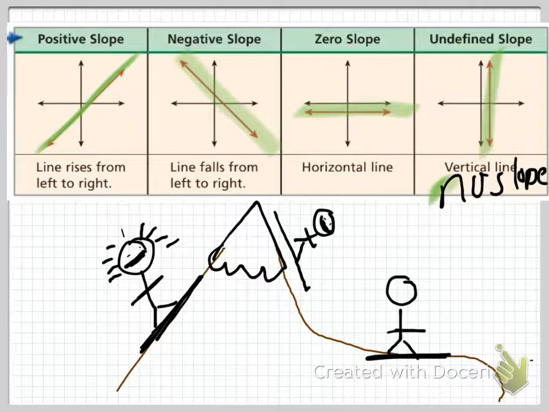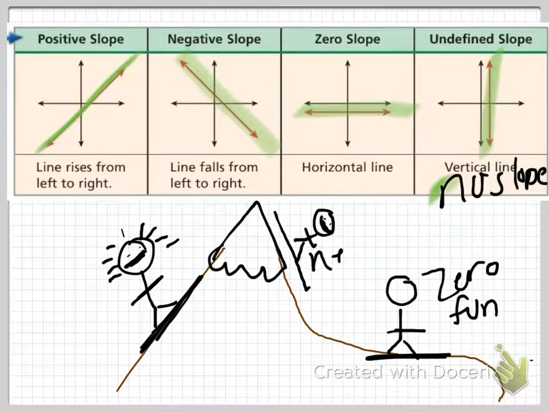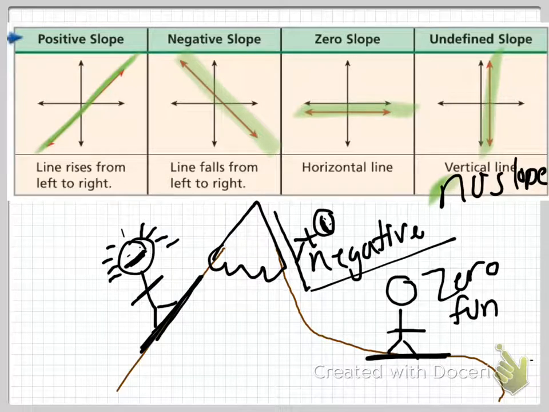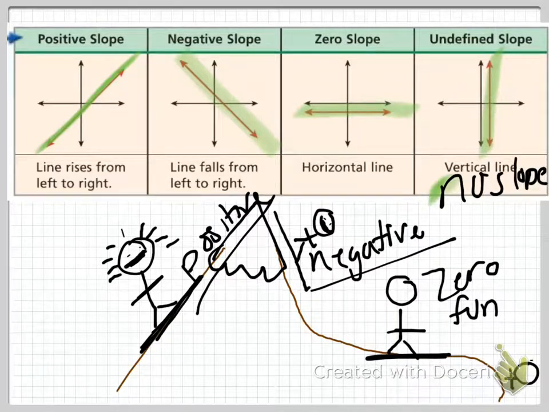Okay? And it's also zero fun. Going downhill is the fun part. And that was your negative slope because it takes negative work. This is your positive slope because it takes positive amount of work. Then when you fall off the edge of the cliff because you're not paying attention, you're having no fun whatsoever. I'm going to show you another example.